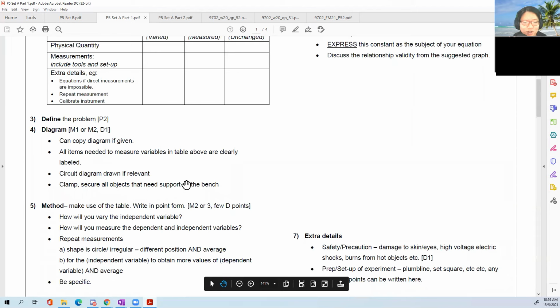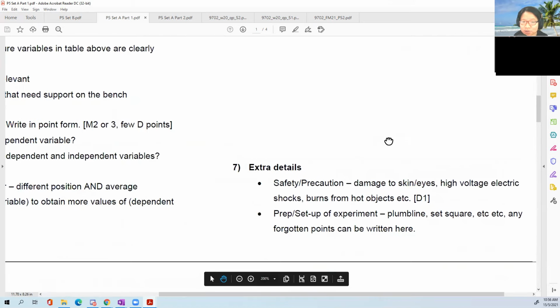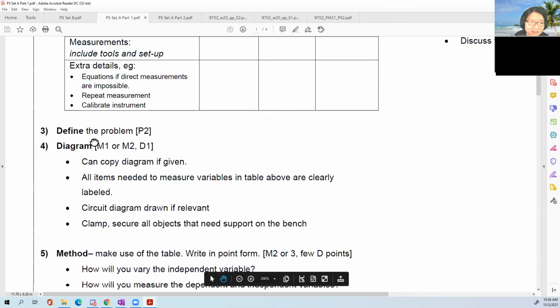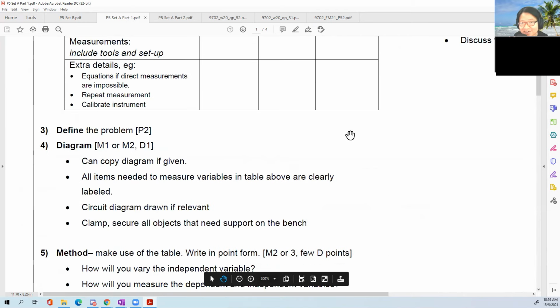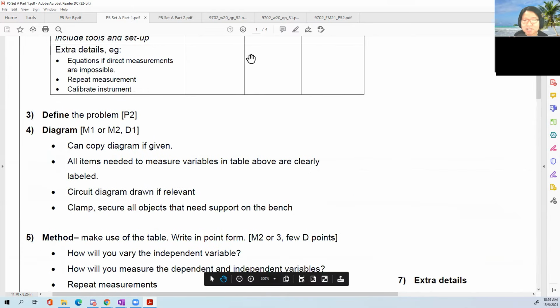Sometimes you write already and then realise you forgot to mention that the current has to be constant. Then you write here, current in coil P is kept constant. Or you could start writing here, constant variable is current in coil P. Different people will write differently. As long as it's within the question, you are okay.